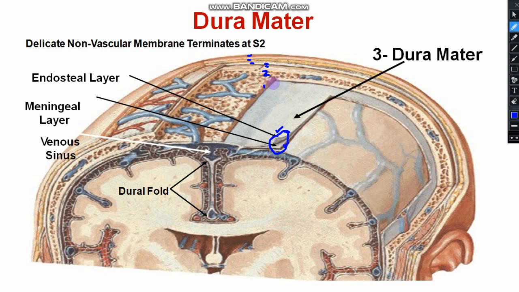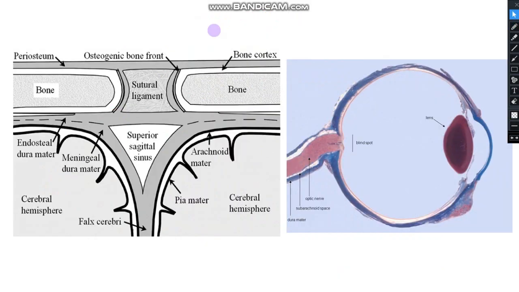This outer endosteal layer's communication outside of the skull can be understood in another image. Here we can see the suture and the outer endosteal layer of the dura mater, and at the suture, this endosteal layer of dura mater moves out of the cranial cavity and over the skull bone.